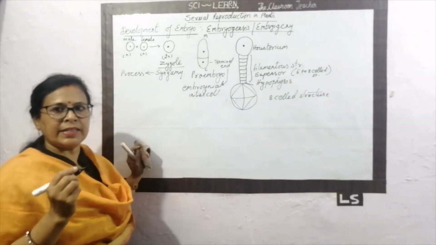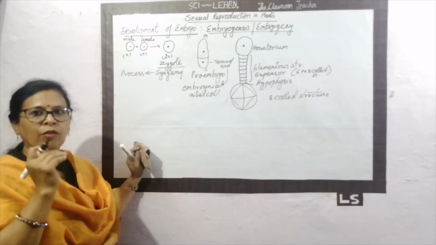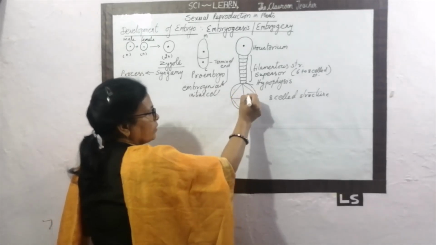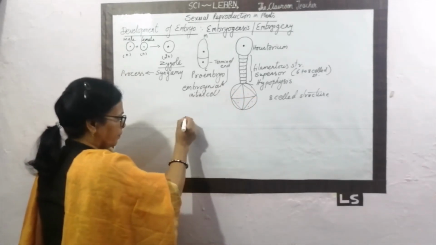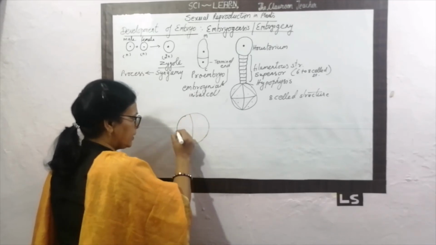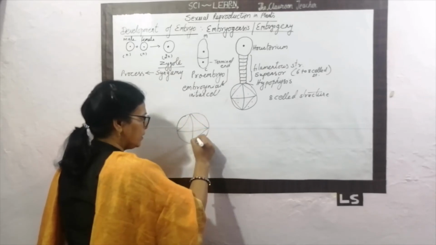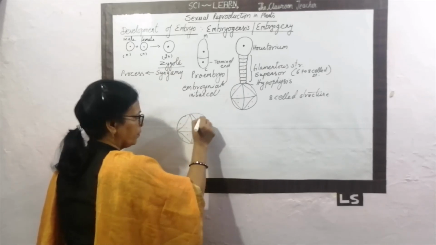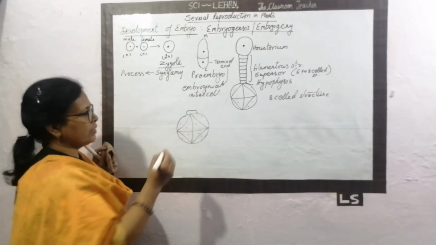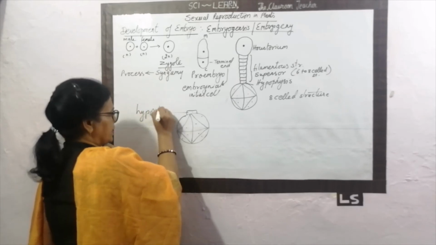Out of these 8 cells, 4 cells are present in the lower tier and 4 cells are present in the upper tier. This is the embryonal cell divided into the 8 cell stage. This is the place that is hypophysis.